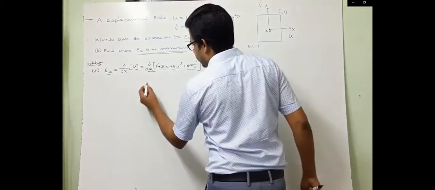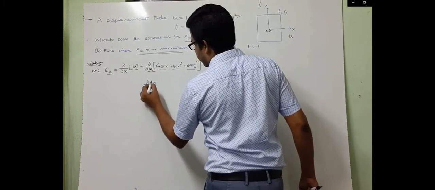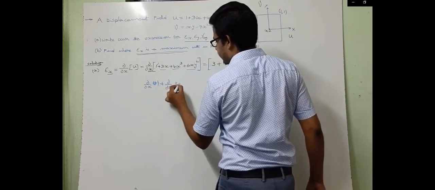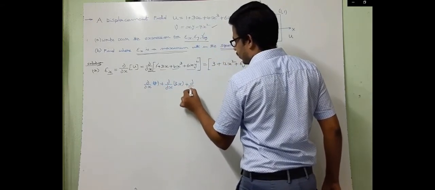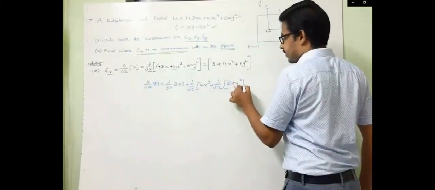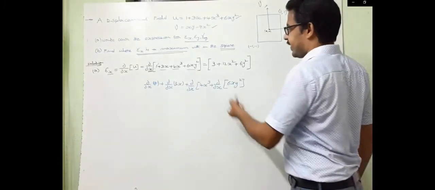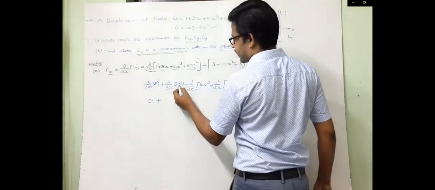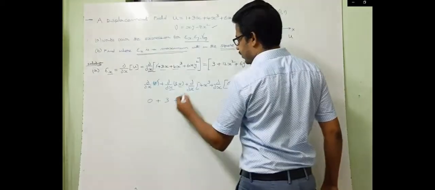So here dou by dou x of 1 plus dou by dou x of 3x plus dou by dou x of 4x cube plus dou by dou x of 6xy square. So here this is the constant term, that's why 0, plus dou by dou x of 3x, that is 3, plus dou by dou x of 4x cube. So what is the dou by dou x of 4x cube?